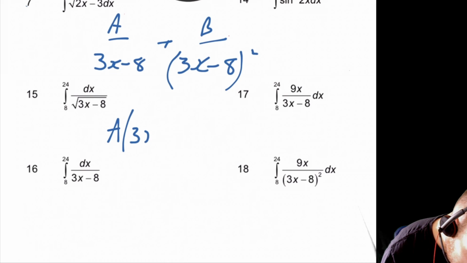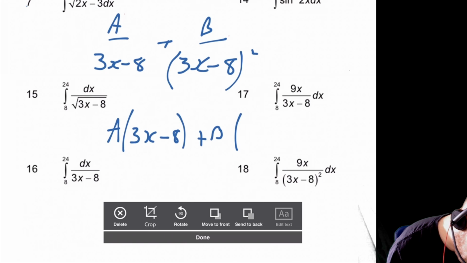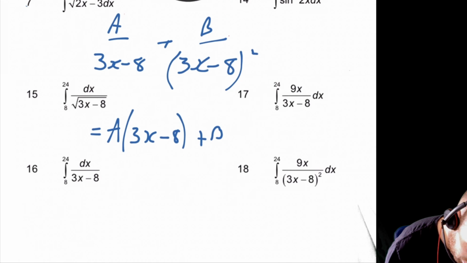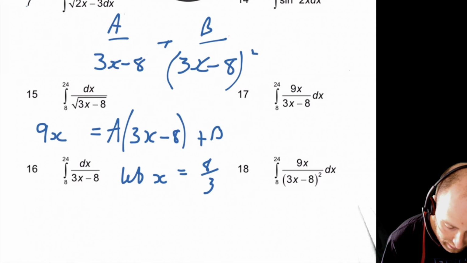So we get a times 3x take 8 plus b equals 9x. Let x equal 8 thirds.